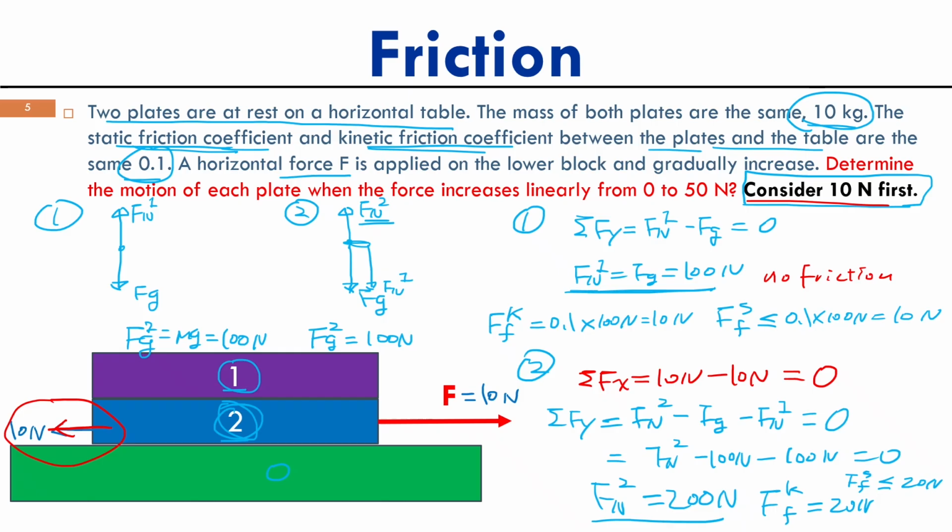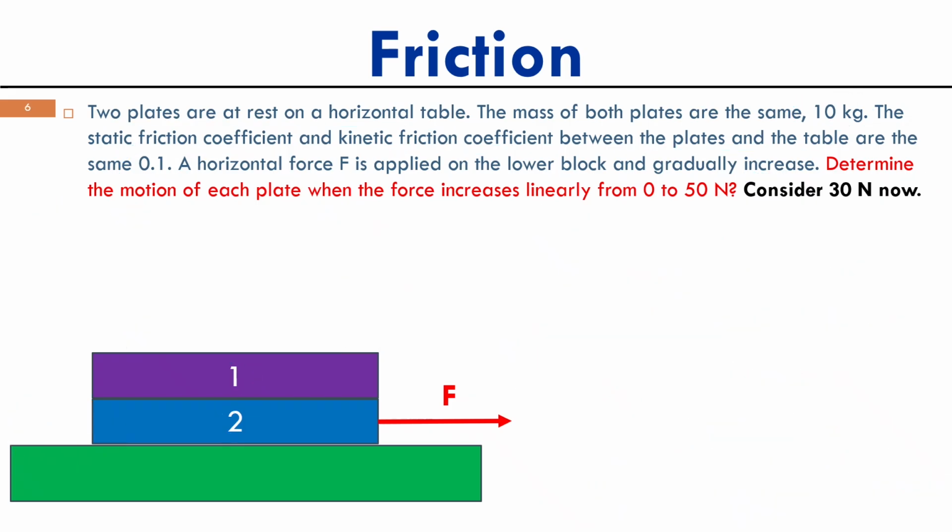All right, let's now look at another situation. What if the applied force is 30 Newton? Under this situation, things are different. Let's remember what we have already discussed. Between 1 and 2, the maximum static friction force is going to be 10 Newton, and the kinetic friction force is also 10 Newton between 1 and 2.